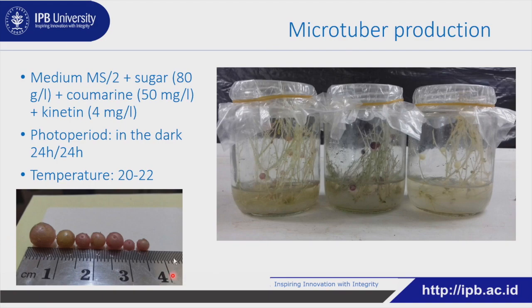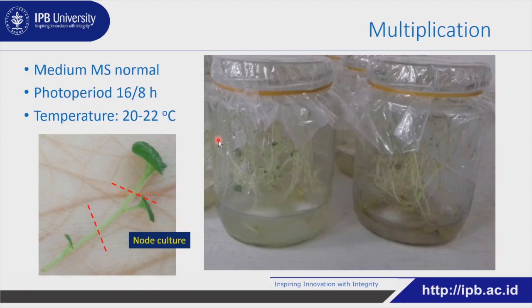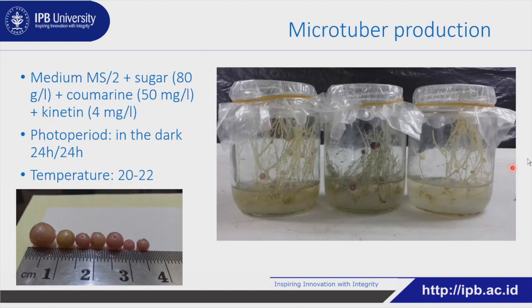However, the price is still a problem because it's not really economic. But still, some people are using it. How can we produce it? After doing multiplication in this media for let's say 4 to 6 weeks, we can add liquid media containing half MS and sugar in this concentration.